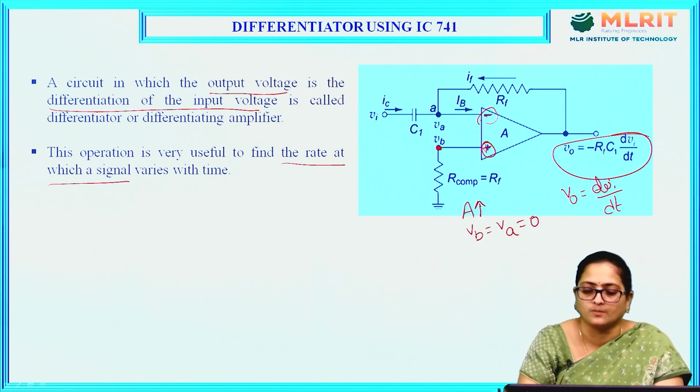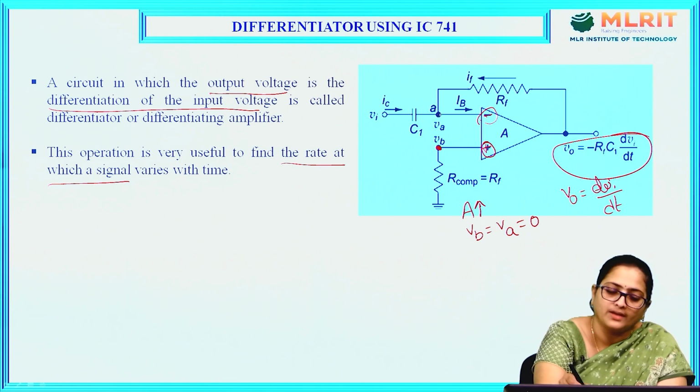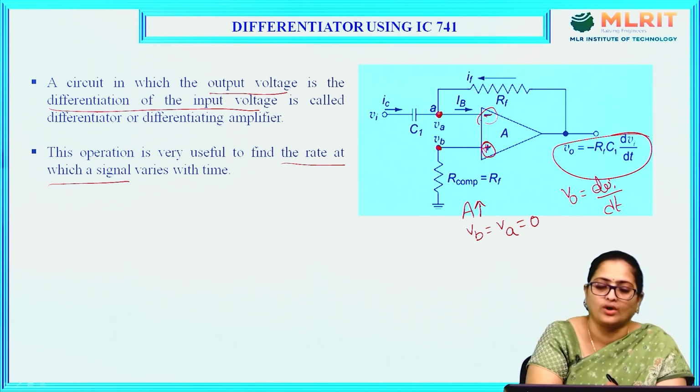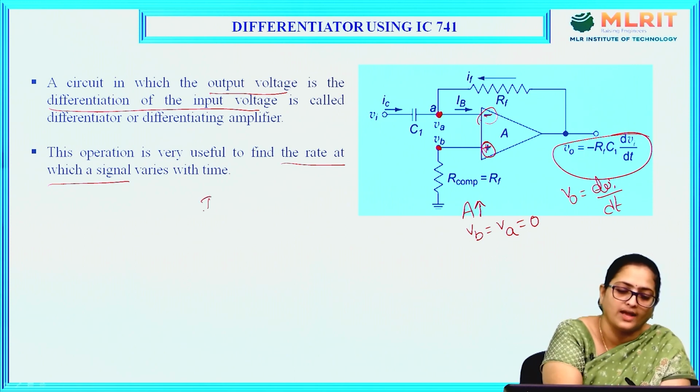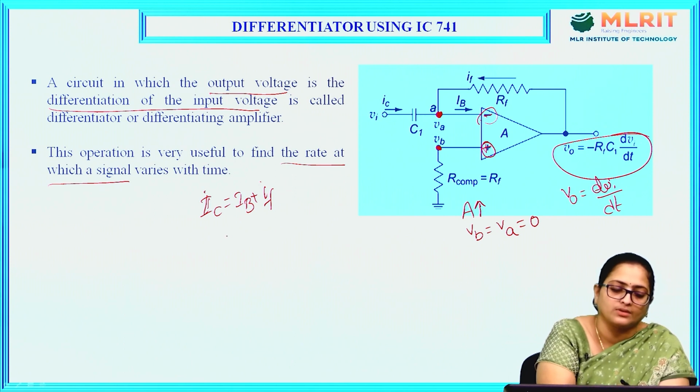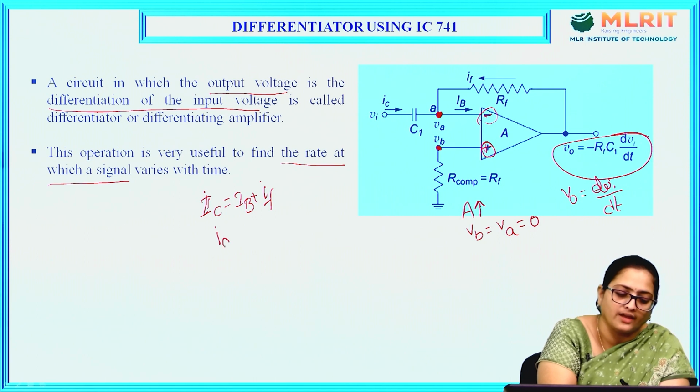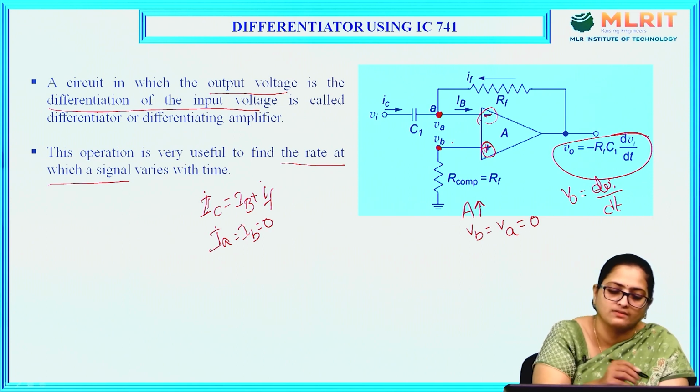equal to 0. Now, by applying KCL at this point, we can write the equation as IC is equal to IB plus IF, where this small IC is the current entering into the terminal. As gain is high, IA is equal to IB is equal to 0.